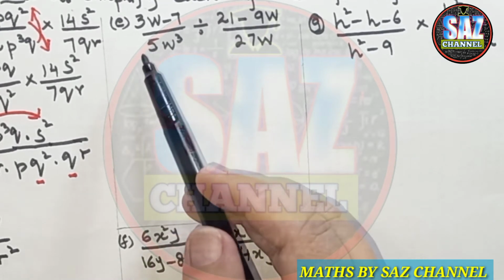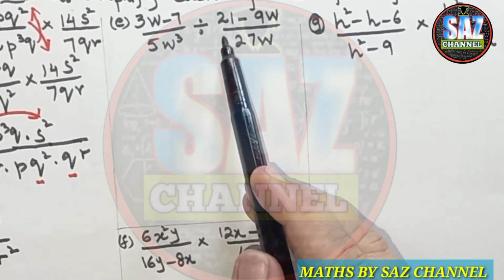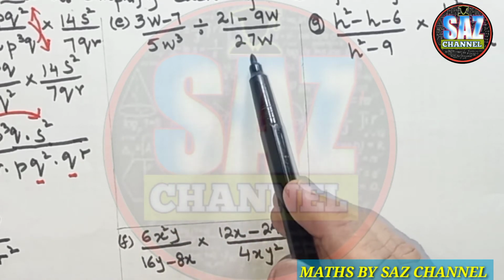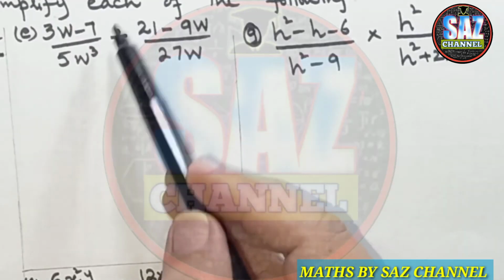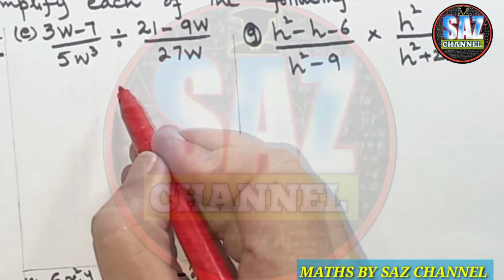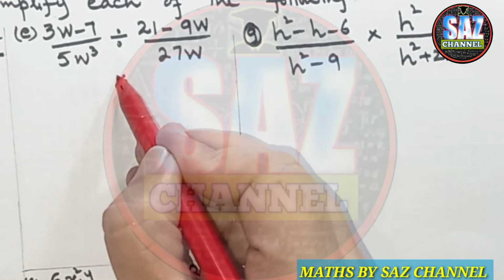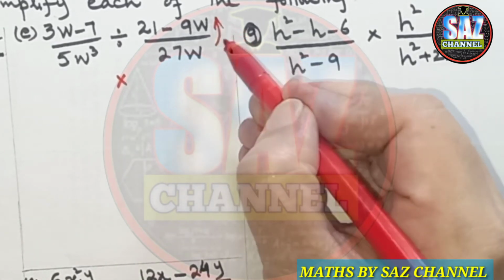Next question is 3w minus 7 upon 5w cube divided by 21 minus 9w upon 27w. Question is containing division sign. So first of all, I have to change this division sign into multiplication sign, and I have to take the reciprocal of the fraction which is after division sign.